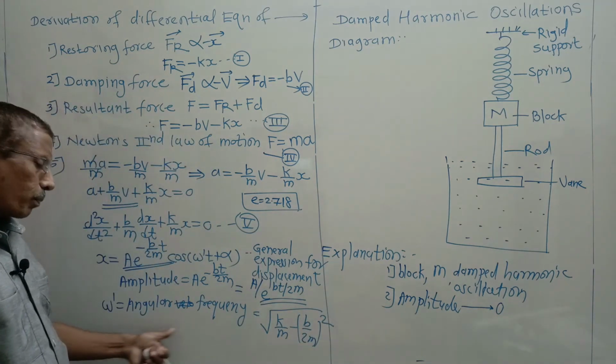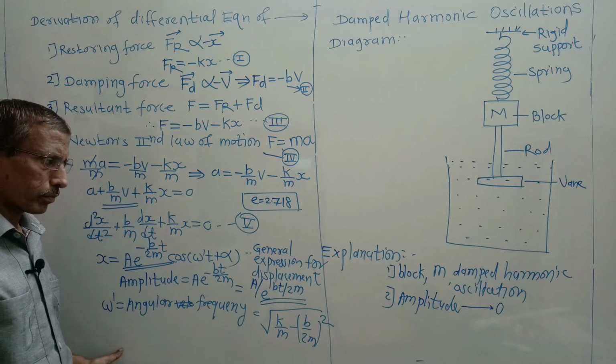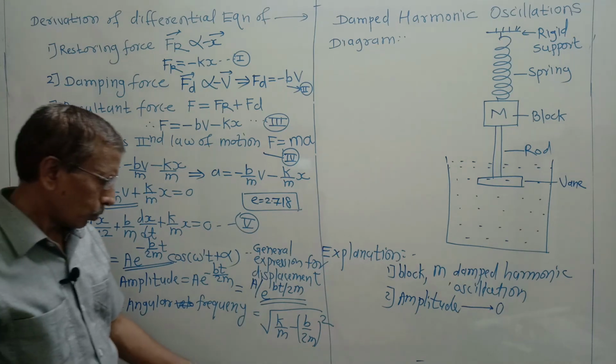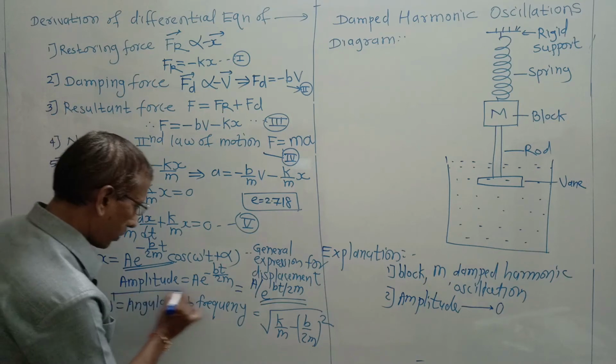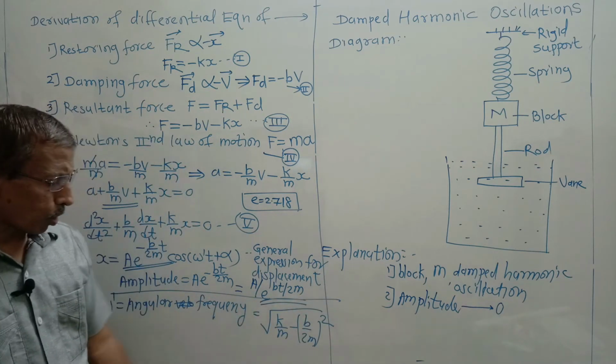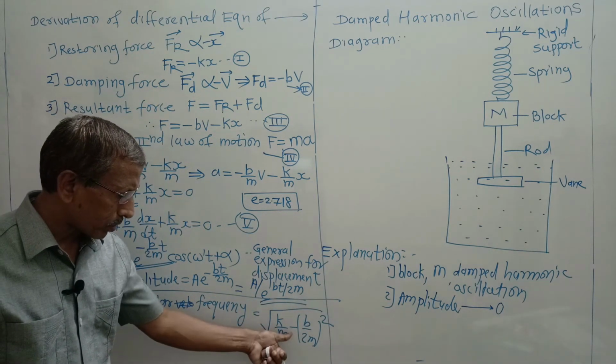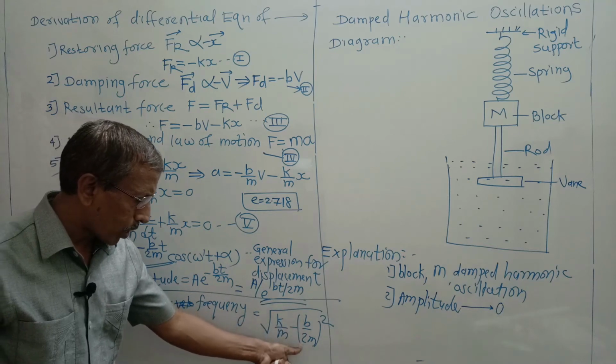So the value of angular frequency omega dash is the square root of k by m minus b by 2m whole square.